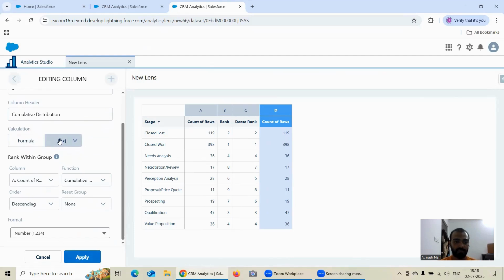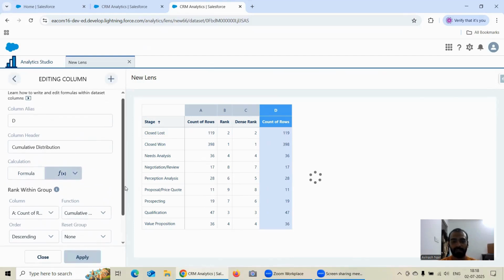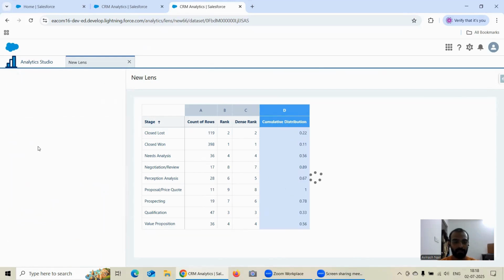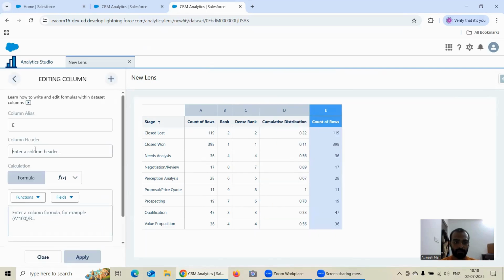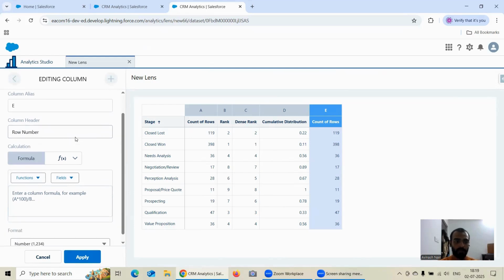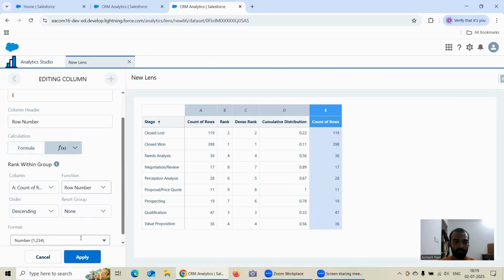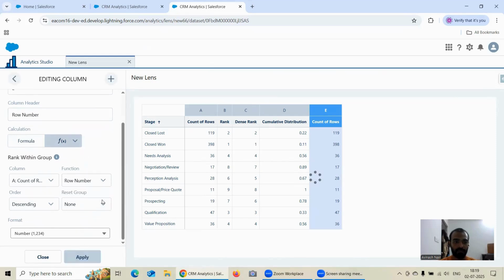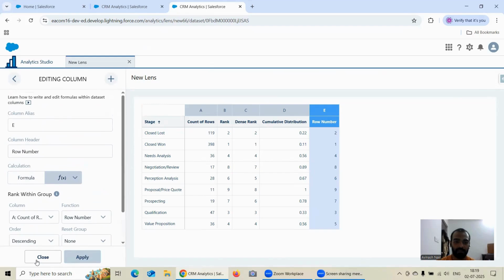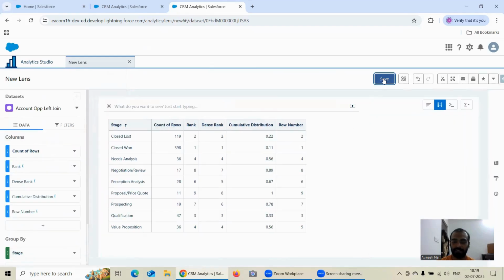I will just name it cumulative distribution, which is fine as well. And the last one, I will go for row number. Again, I will select rank within group and go for row number. Click on that one. Now this is the way. So maybe I can save this lens. I will close this, and I can just save this lens.